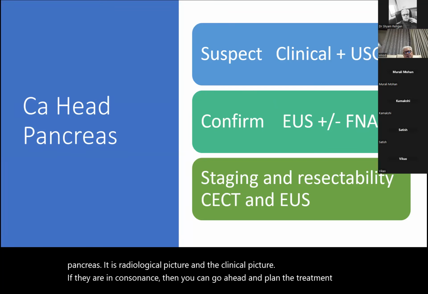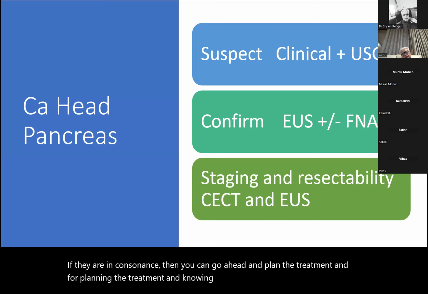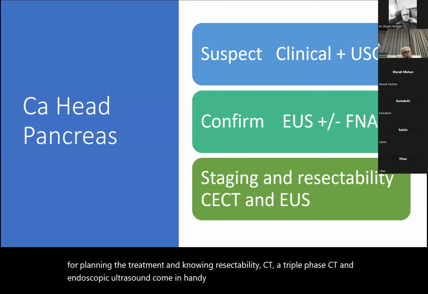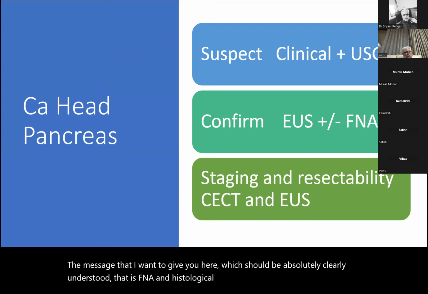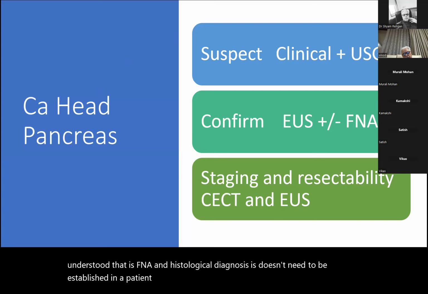And for planning the treatment and knowing resectability, CECT, triple phase CECT, and endoscopic ultrasound come in handy. So the message that I want to give you here, which should be absolutely clearly understood, is that FNA and histological diagnosis doesn't need to be established in a patient of CA head pancreas.